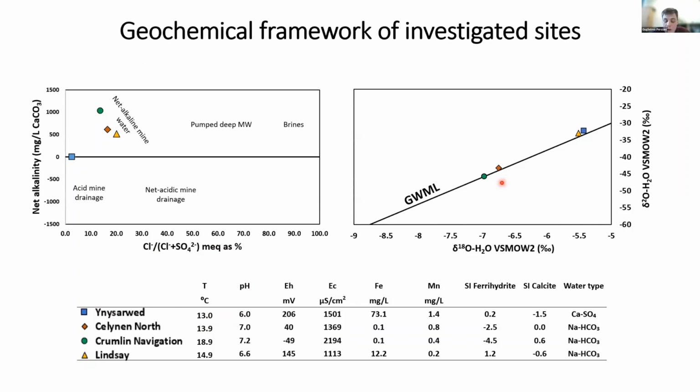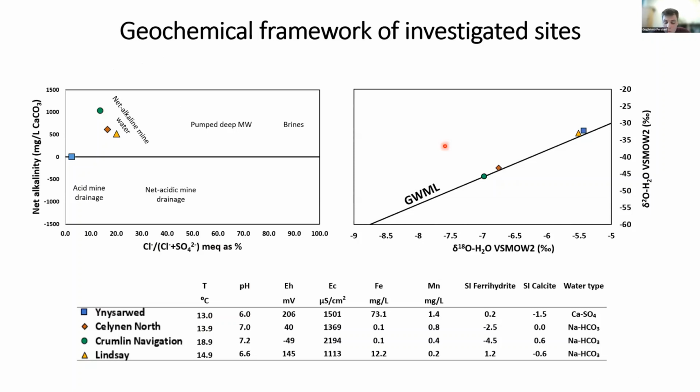So, as I said before, we're dealing with circumneutral mine drainage, with variable iron content, where one site investigated here, Sarwet, is classified as acid mine drainage due to the high iron content and lower alkalinity values, while the other sites are all net alkaline with more reducing conditions.